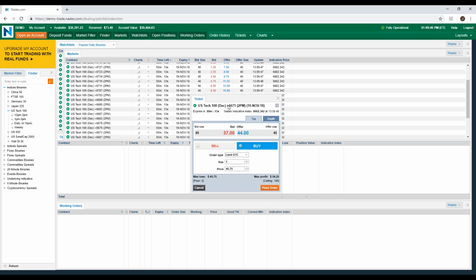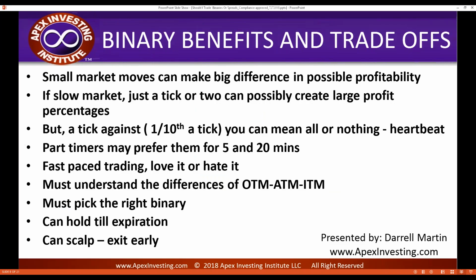But now, what is the benefit to a binary? Well, a slow move in the market, even just a tick or two, can possibly create very large profit percentages, right? And when I say a tick or two, even 1/10 of a tick could be the difference at expiration of it expiring in the money or out of the money.